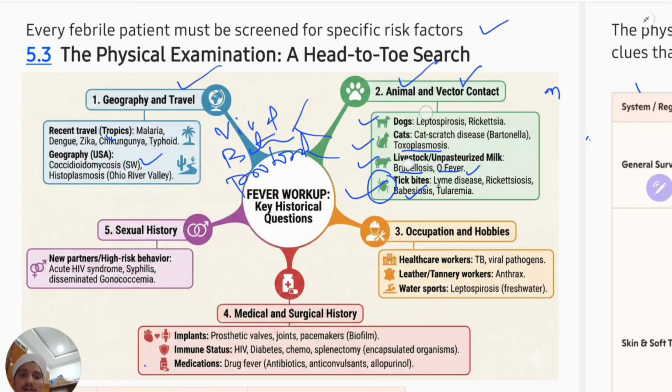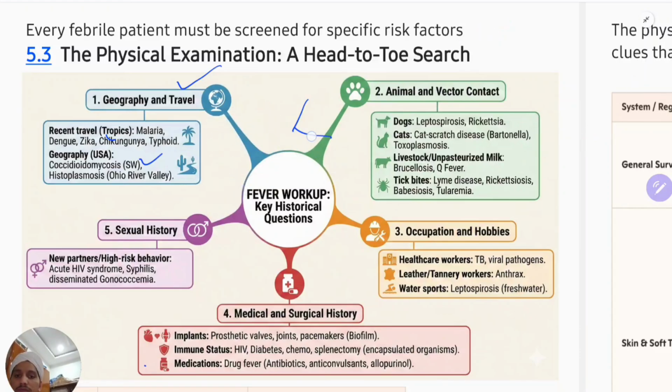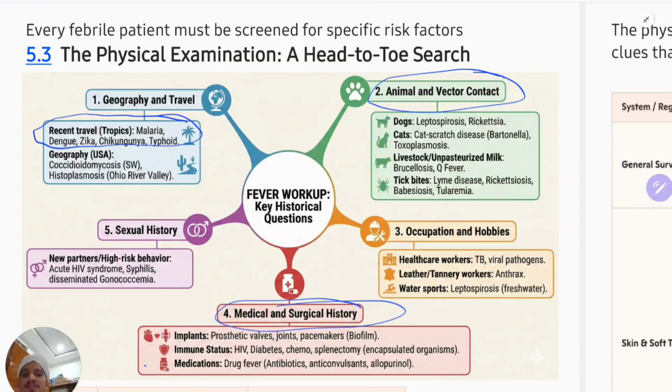Important for us are the common ones: recent travel to the tropics, animal and vector contact, medical and surgical history. These are the common things we encounter, but you should remember sexual history also, and you should ask about occupation and hobbies also. So five things we need to ask.